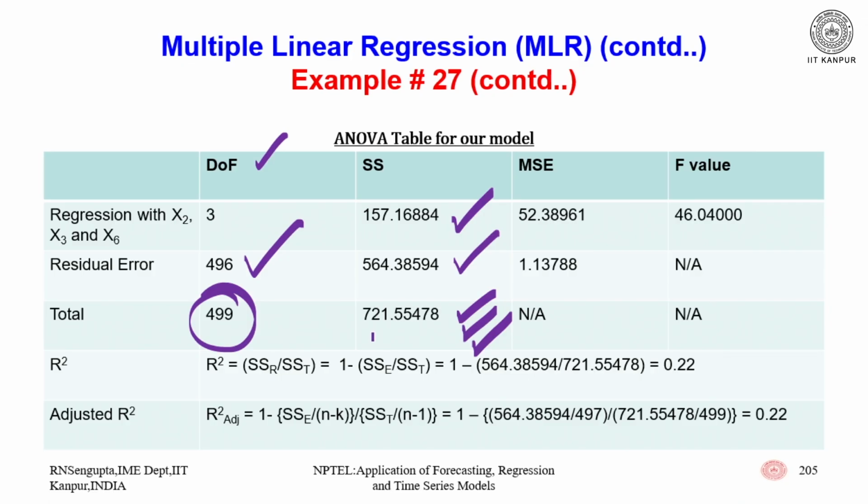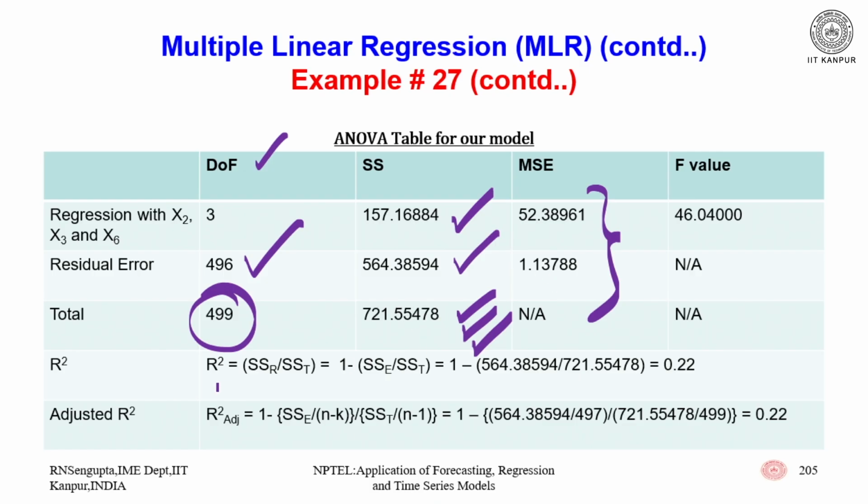So, obviously, it gives you an idea that the r square and adjusted r square values will be low. Then when we find out the values of mean squared, the values are given. Mean squared are basically divided by the number of the values of degrees of freedom. So, 157 divided by 3 comes out to be approximately 52. Then 564 divided by 496 comes out to be approximately 1.13, and based on that you calculate.